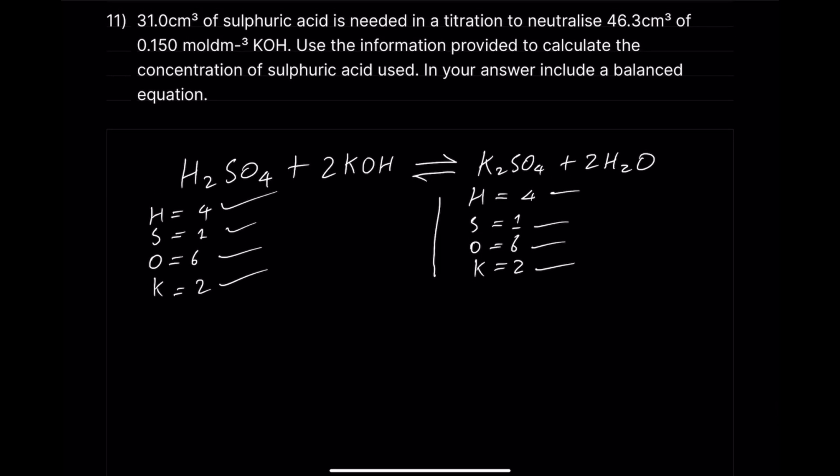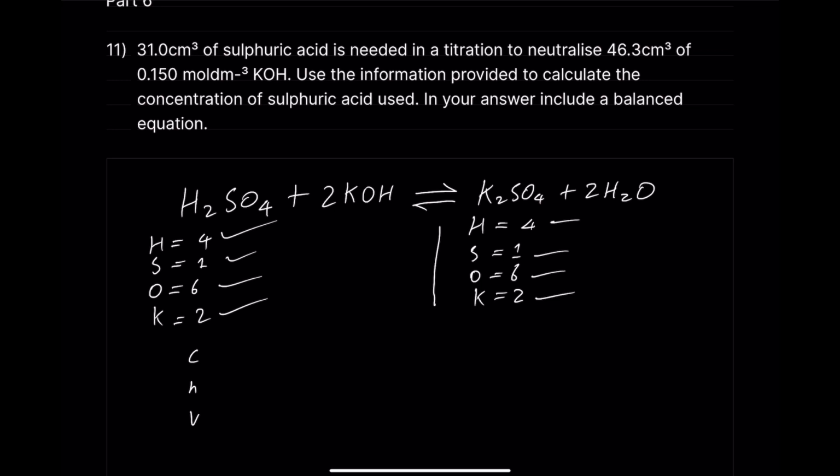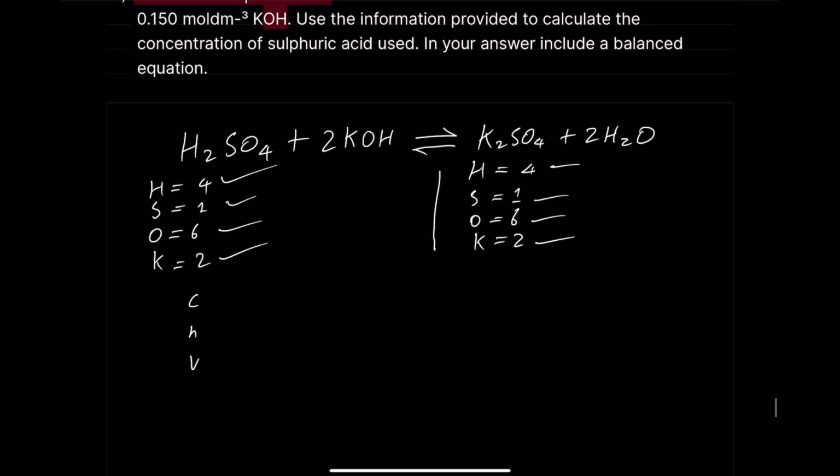So, concentration, moles, volume. I do this little table because the only things involved here are our sulfuric acid and our potassium hydroxide, so that's only two we have to think about. I want us to calculate the concentration of sulfuric acid needed to neutralize this potassium hydroxide.